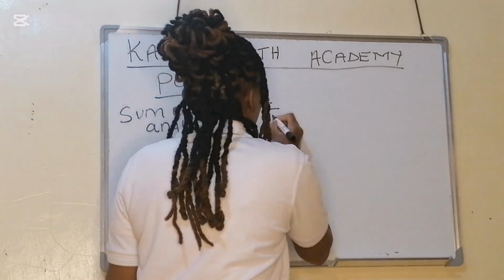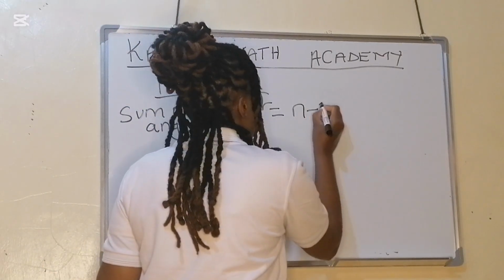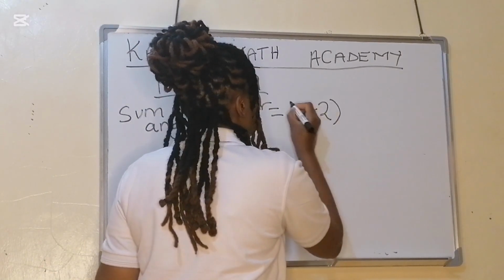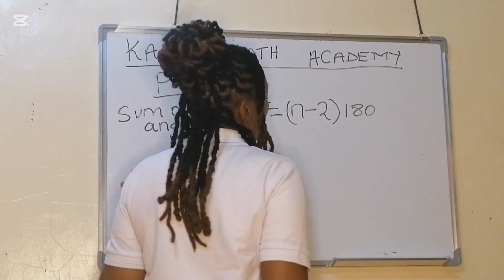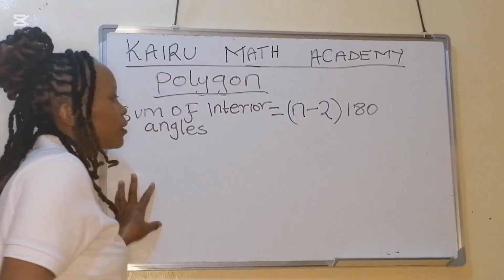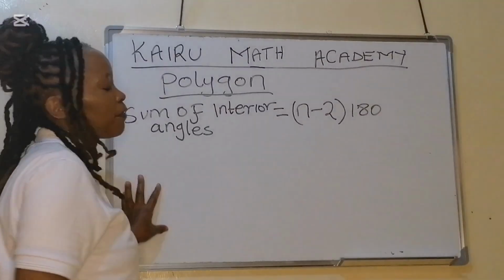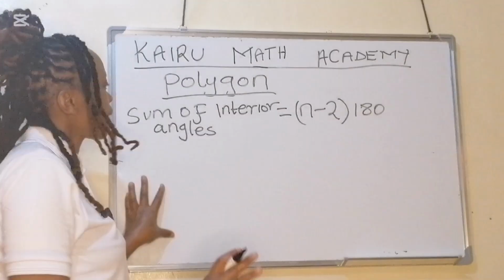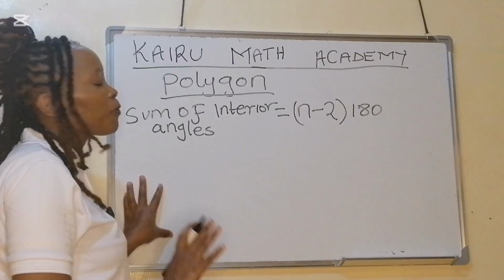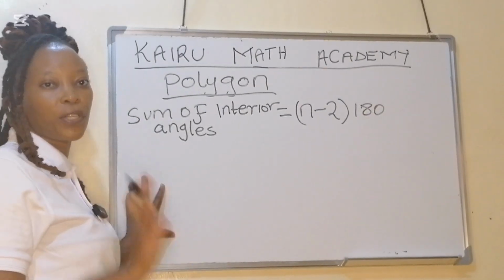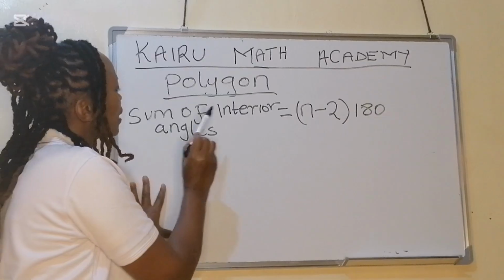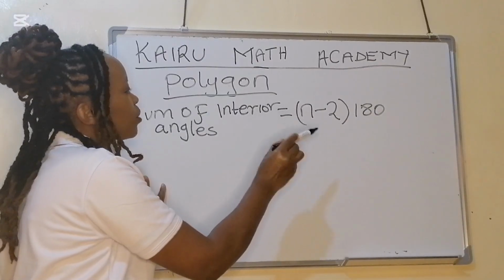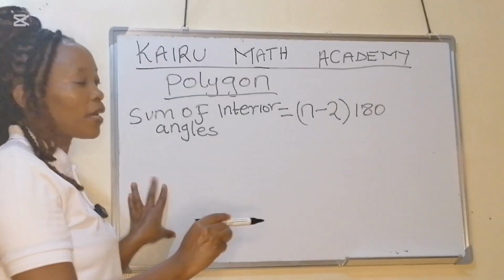The formula is n minus 2 times 180. Okay? N minus 2 times 180. That's the formula. The first formula you should master. Even before you tackle any question on polygon, write this formula. Sum of interior angles is equal to n minus 2 times 180.